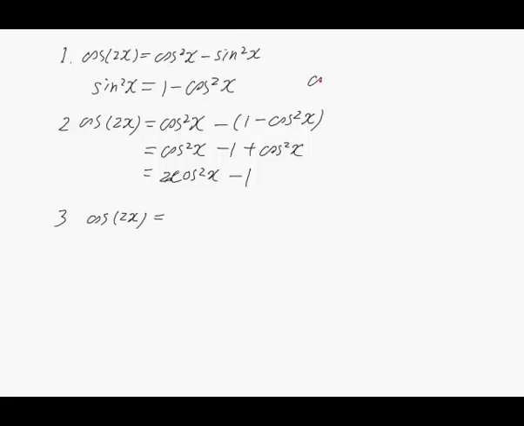Here we have the cosine square x equal to 1 minus the sine square x, which is obtained from the fundamental identity, right? So now this guy is equal to 1 minus sine square x, and then minus the sine square x again. So you get 1 minus 2 times sine square x. So we have the 3 forms for the double angle identity for cosine.